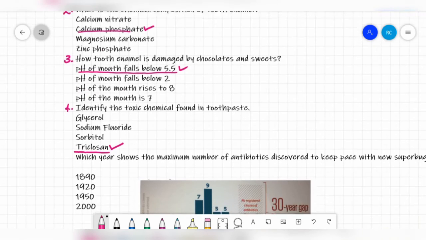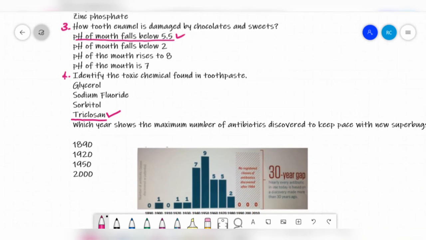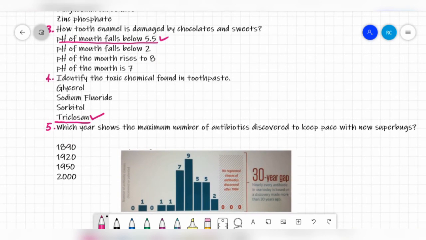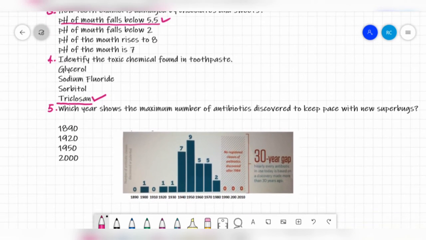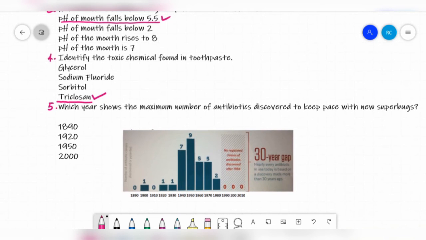Now the fifth question is, which year shows the maximum number of antibiotics discovered to keep pace with the new superbugs? Okay, so there's a diagram given here: 1890, 1900, then 1910, 1920, 1930. Okay, look at the picture given here. So 1940, look at the diagram.